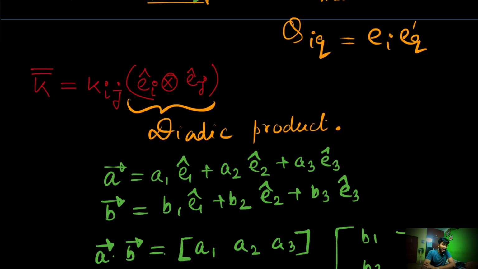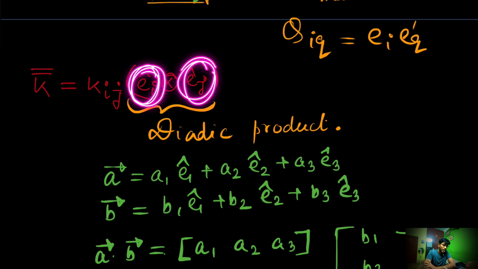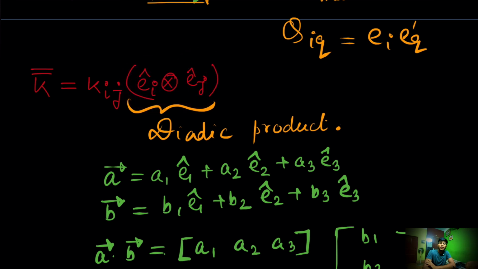And these things are basis vectors. Okay, basis vectors means what? If you have done your linear algebra course sincerely, then obviously you will be knowing this term basis vector.